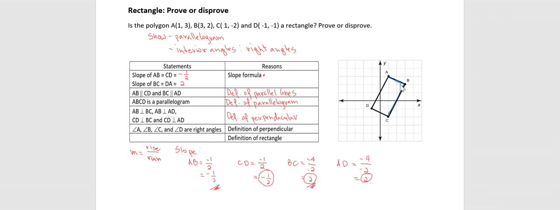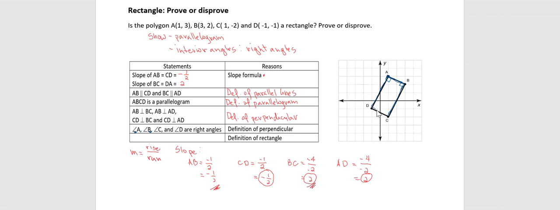So angle B is a right angle. Line segment AB is also perpendicular to line segment AD. Therefore, angle A is also a right angle.